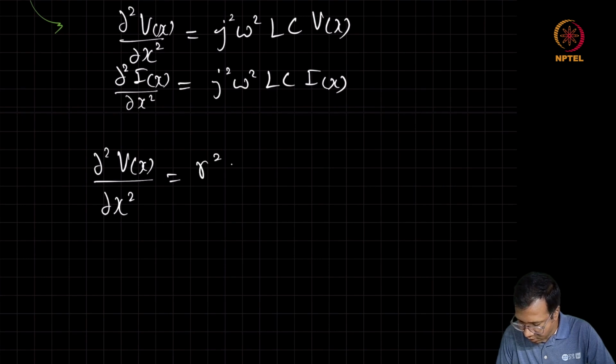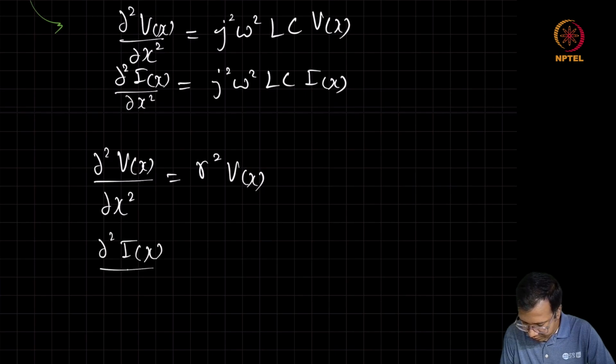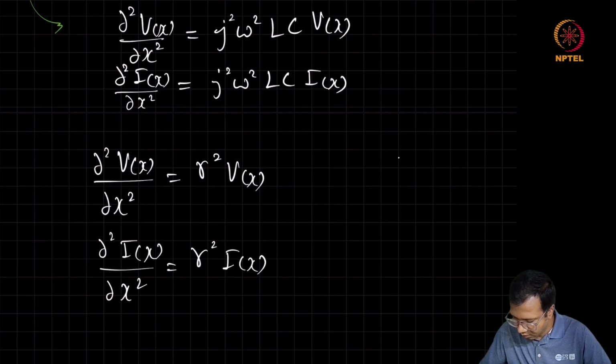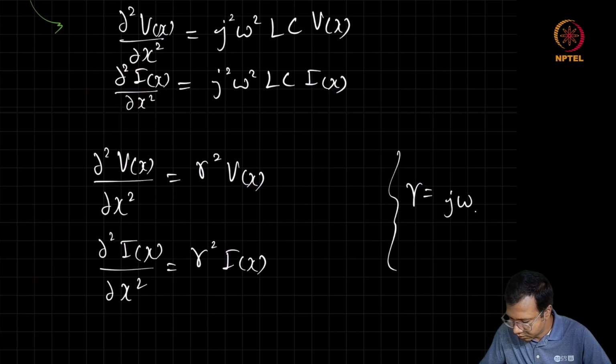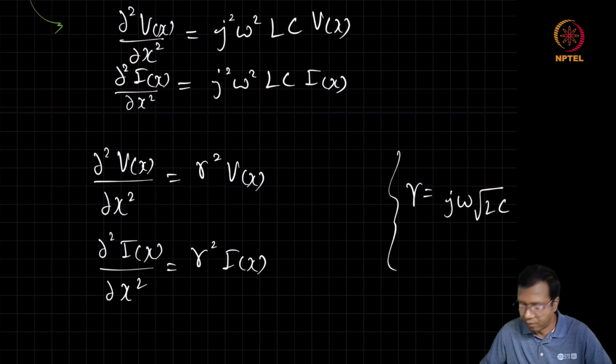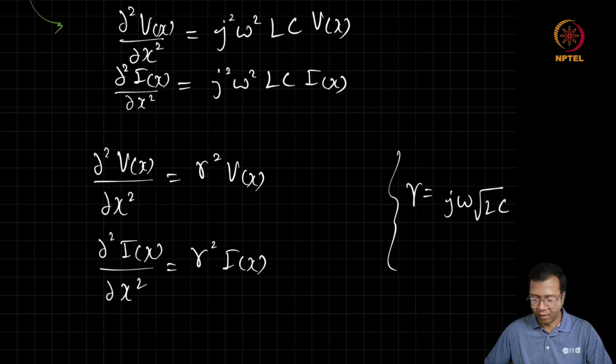the second derivative of V of x equals gamma square V of x, and similarly for I of x equals gamma square I of x, where gamma is j omega root over LC.